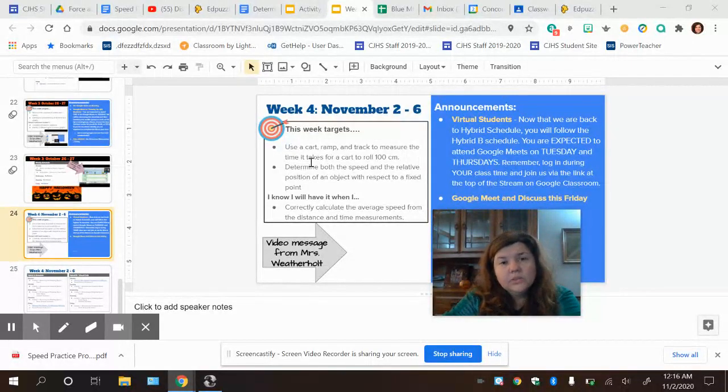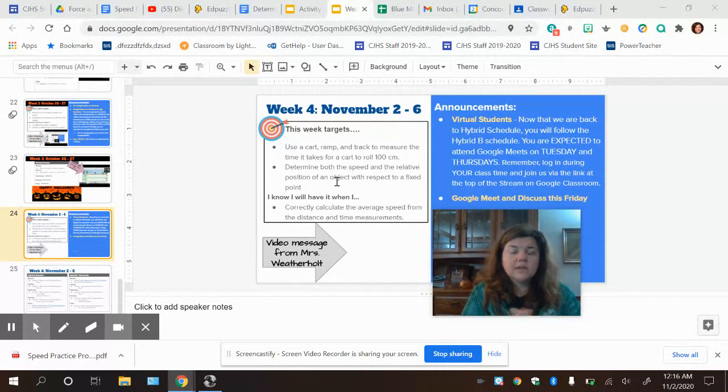If you are a virtual only student, there is a video linked so you can follow that, get the data that way. And we're going to determine both the speed and relative position. Another thing that we're going to do is figure out the speed and relative position of an object with respect to a fixed point.